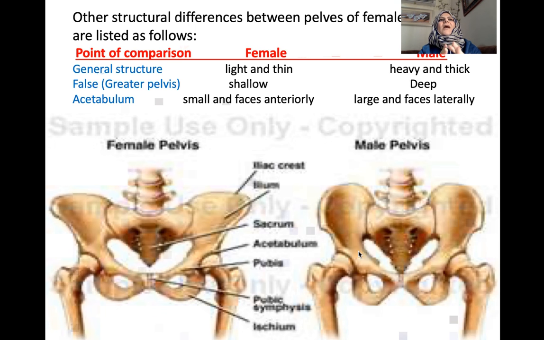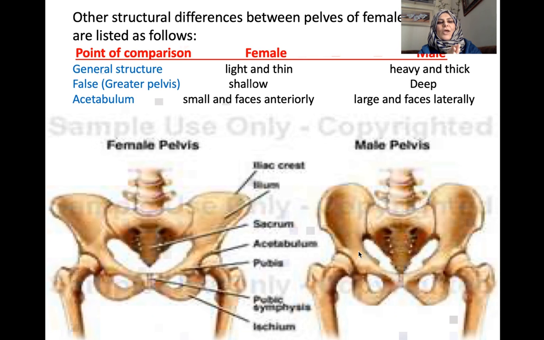While in the female it is always lighter in weight with smooth bony landmarks. The other point is the false pelvis, also called the greater pelvis, above the pelvic brim: in the female it is shallow while in the male it is deep.